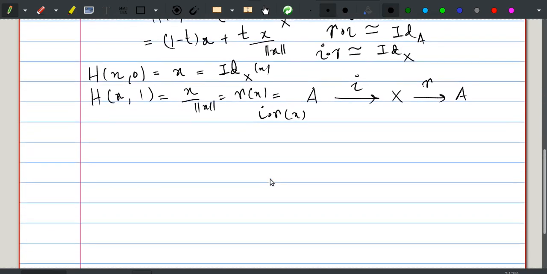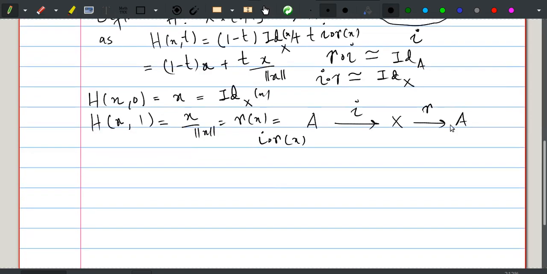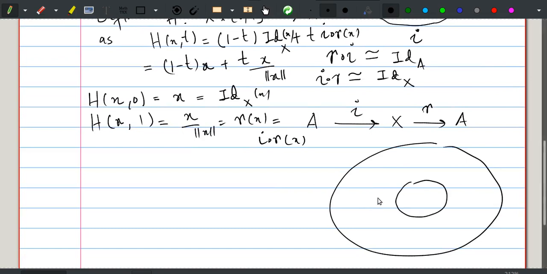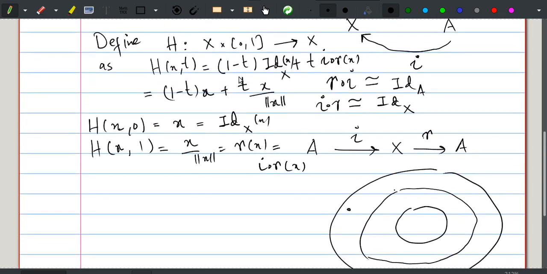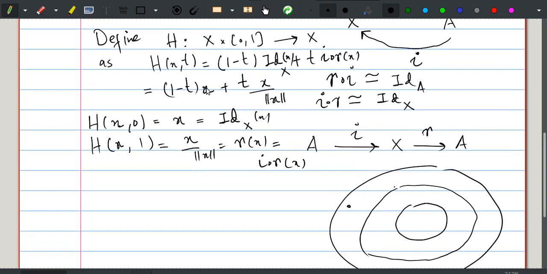Now what this homotopy actually does, so we have this angular region here, and this is our circle. So when we put x here, it takes some point here x. So this is actually a line segment joining the point x and this point x over norm x.